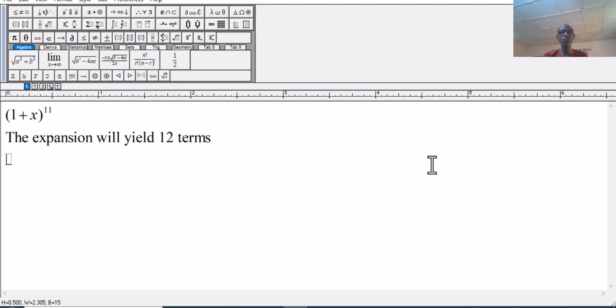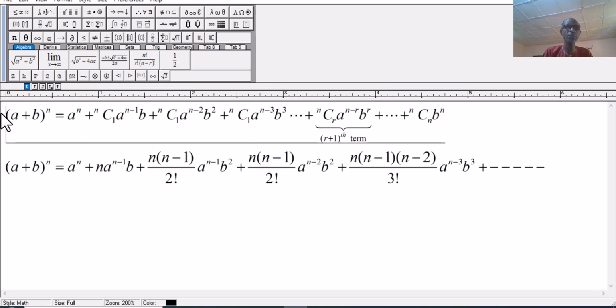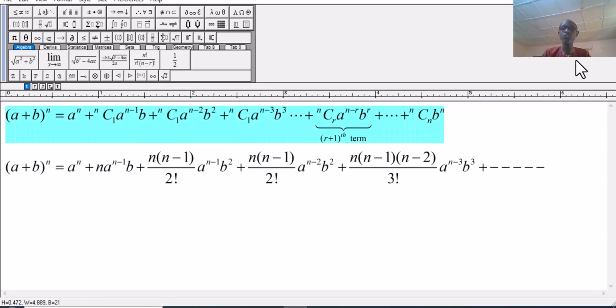So the question says that, the r plus 1 term, let me copy this so that you get what I'm trying to explain.